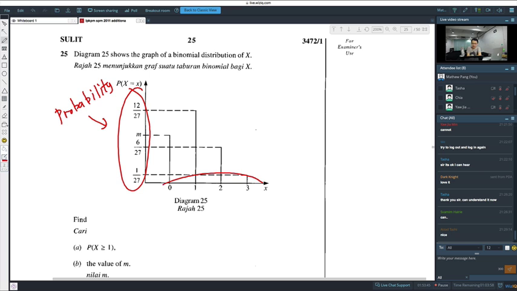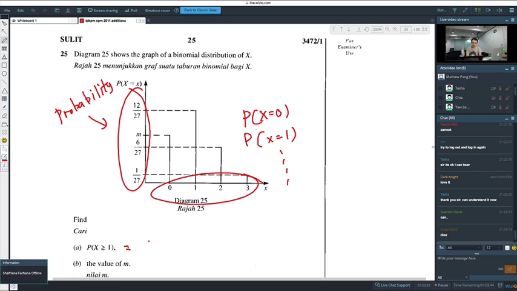And then the values over here mean x equals 0, x equals 1, and continuing. So, if the question says x is bigger or equal to 1, that means I will add 1, I will add 2, I will add 3.